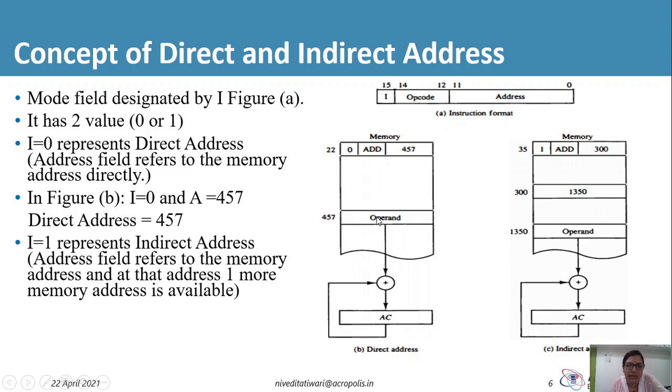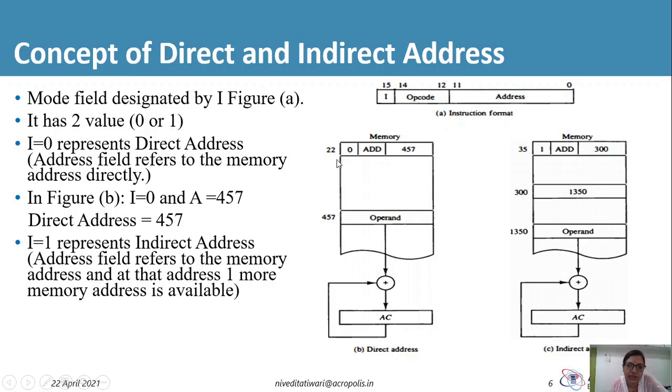Here you have to observe two things: in the instruction, I is equal to 0, the address field value is equal to 457, and the opcode is add.